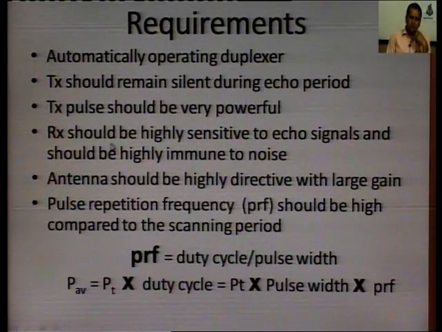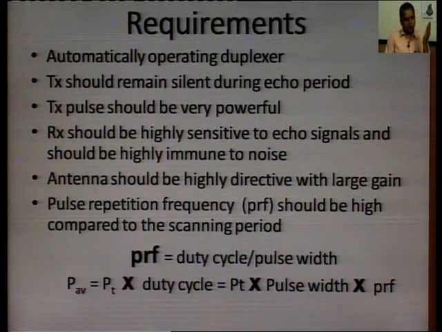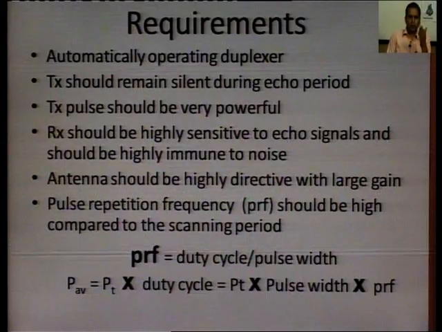Receiver should be highly sensitive to echo signals and should be highly immune to the noise. The echo signal is very weak, because when the signal travels from the antenna to the target, it is scattered throughout, and when it is reflected back from the object, it comes back to the antenna.